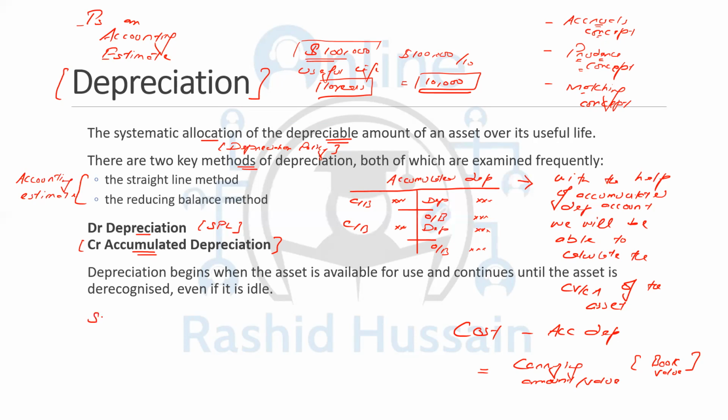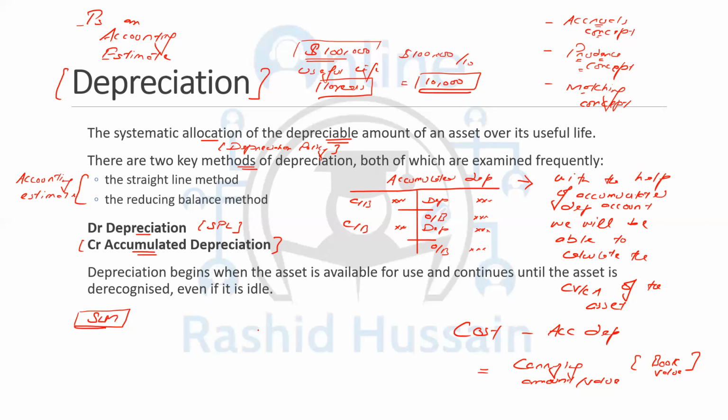So what is the straight line method? Let's assume you bought a machinery that has a life of 5 years, and you have an estimation that this machinery will work for 5 years, and every year it is going to give the same efficiency. Every year it is going to produce the same number of units for 5 years.